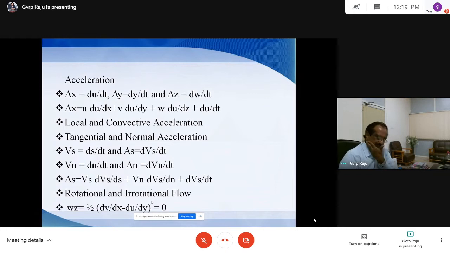What is acceleration? Acceleration is the rate of change of velocity. So acceleration in the x direction is equal to the rate of change of velocity.